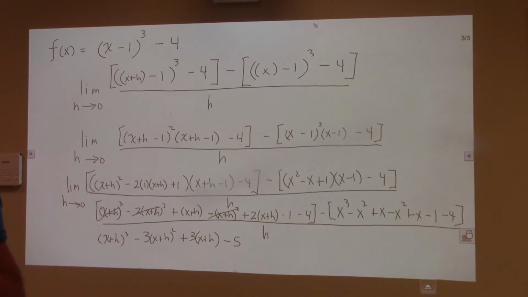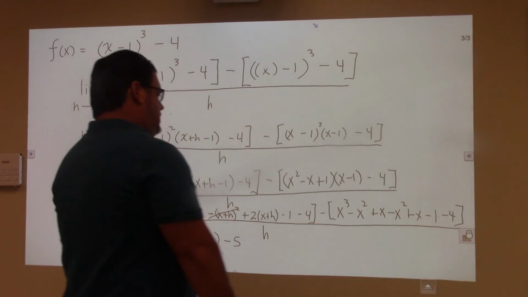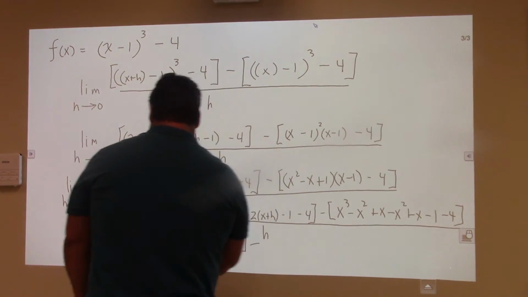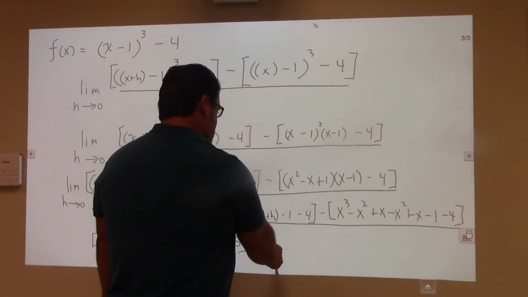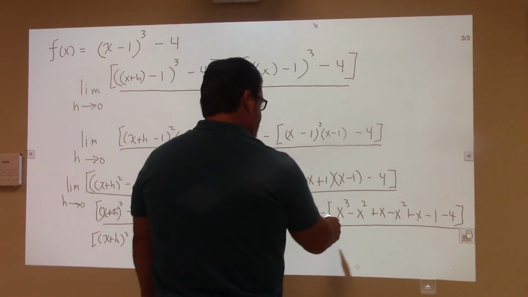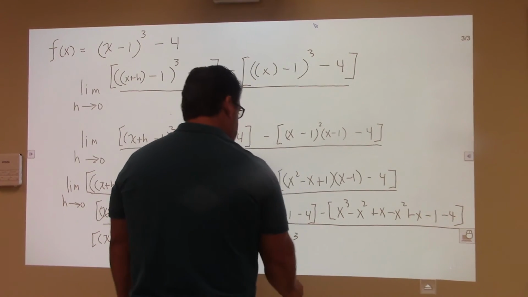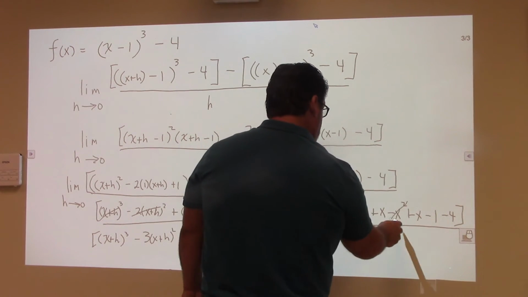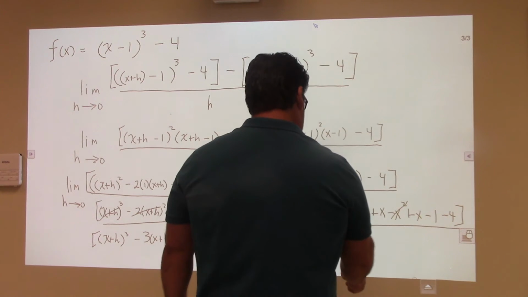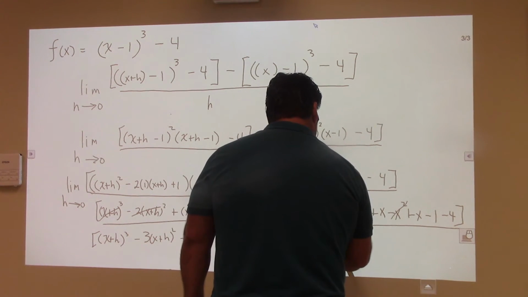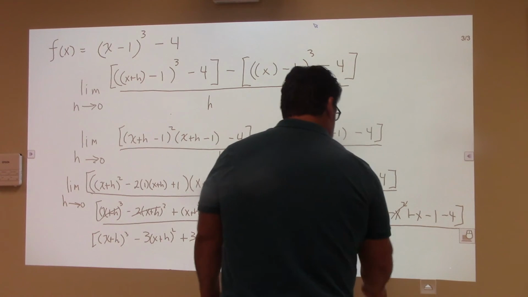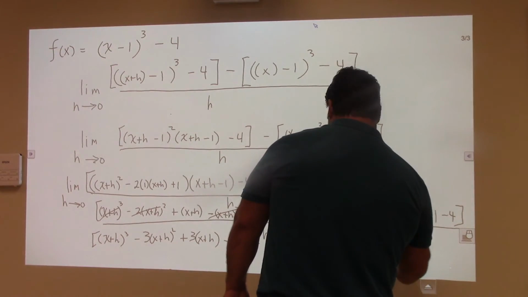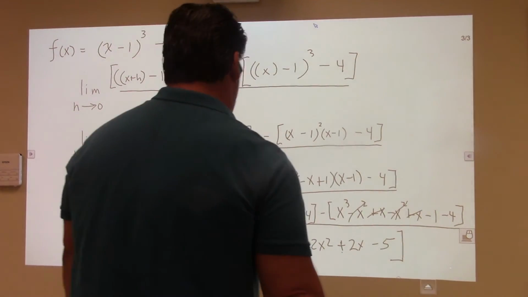Y'all following along with me okay? And then you got all this trash. I'm going to go ahead and, before I subtract, that's going to be x cubed minus 2x squared plus 2x minus 5. Well, at least the 5s are going to cancel out, aren't they?